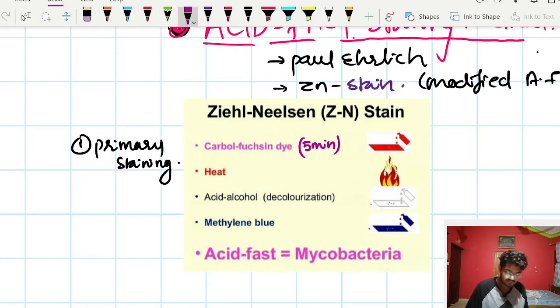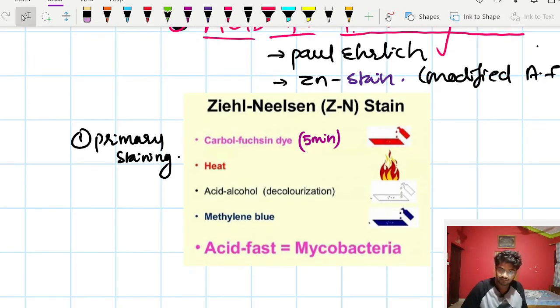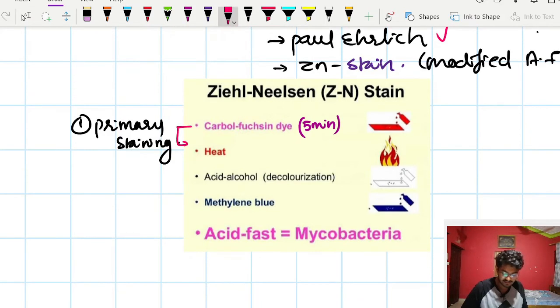After adding carbol fuchsin, we have to intermittently heat it over a burner. Not too much heat. We don't want to dry it up, but we have to heat intermittently, so it will fix. So heat acts as a fixating agent. It is done along with the primary staining. So carbol fuchsin dye and this heat come under primary staining methods.